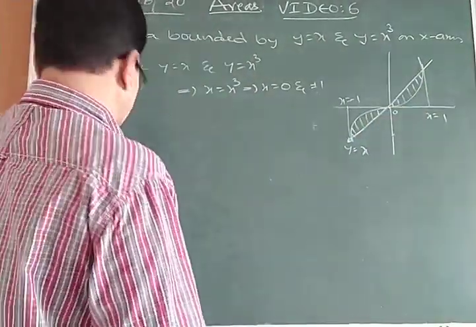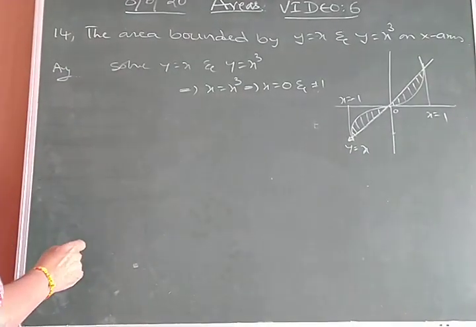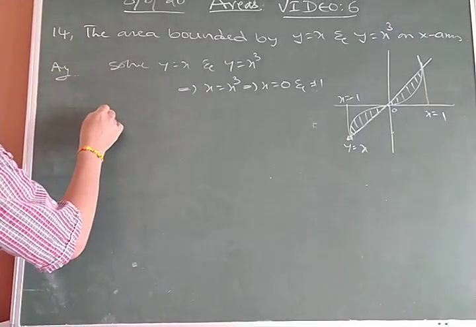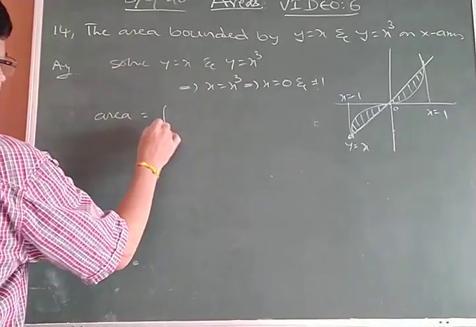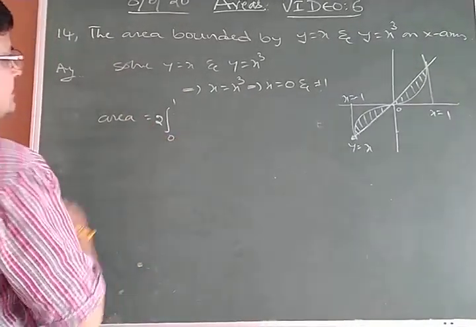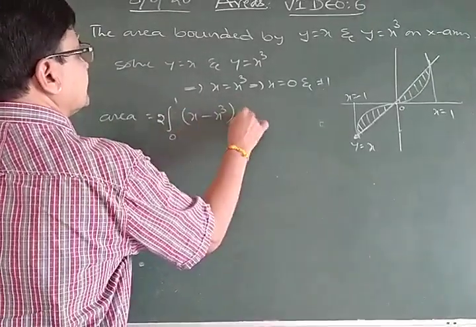So that's why we find the area as 2 times the integral from 0 to 1 of line minus curve, x minus x cube dx.